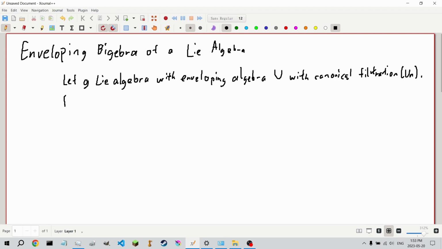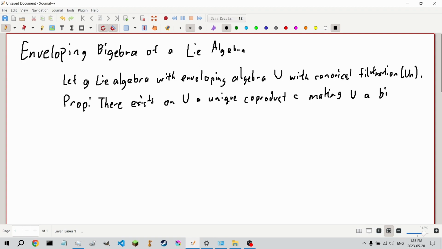Alright, proposition here. That there exists on the algebra U a unique coproduct C making U a bigebra such that the sigma G, that is, I believe this is the canonical injection of G into U, that the elements of G are primitive.